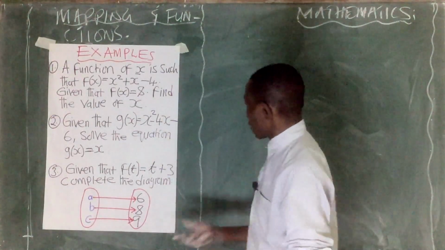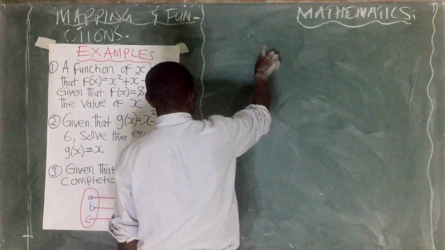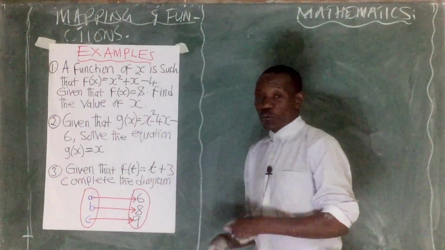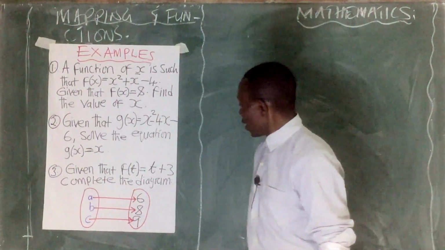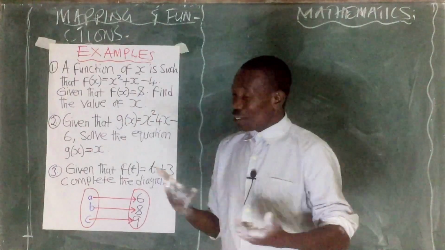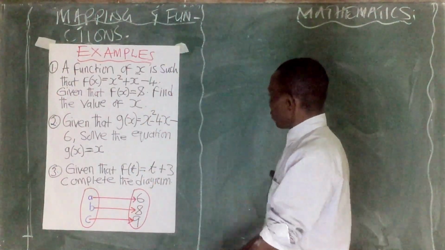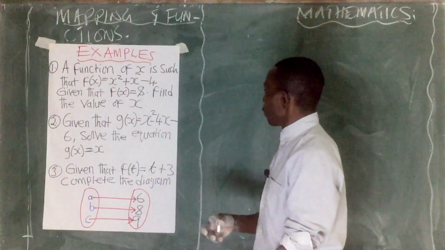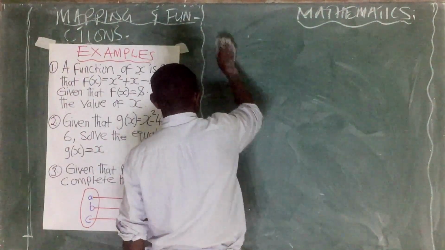This time it's the opposite: we need to work out the values of the domain given values of the range. Here and there will be maybe one or two problems about application, but our main focus is on working out the values of the domain given the range.